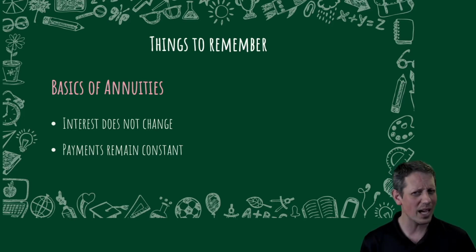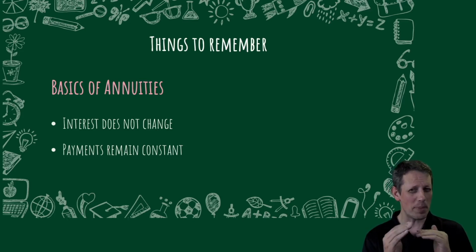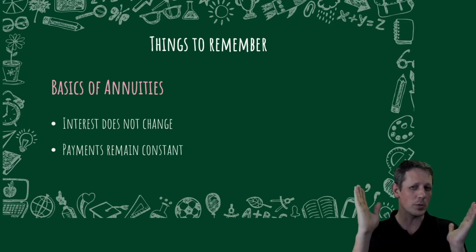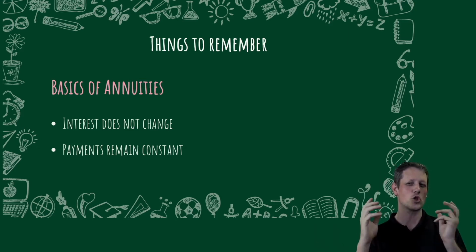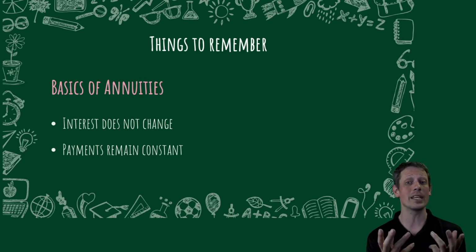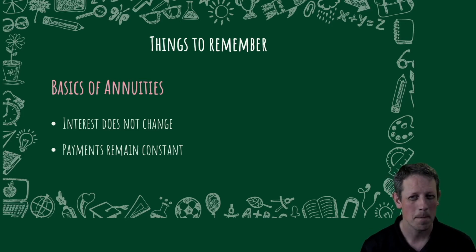Now, in real life this is not going to work this way. In real life, every single year your payment increases a little bit. But we're not going to look at that because it becomes super complicated and there are computers that can do it. Maybe one of you maths boffins can find a beautiful formula or an Excel spreadsheet that can do it. It is amazing when you start getting into these things.